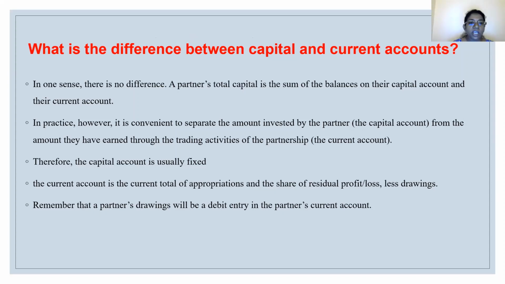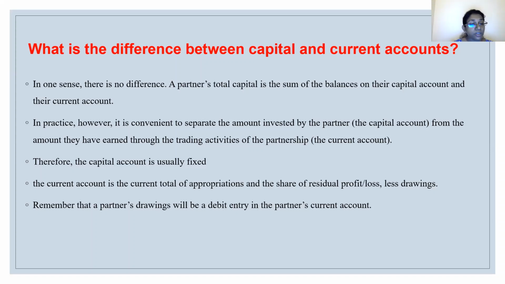In practice, however, it is convenient to separate the amount invested by the partner, the capital amount, from the amount they have earned through the trading activities of the partnership, which means the current account. Therefore, the capital account is usually fixed, and the current account is the current total of the appropriations and the share of residuals of profit or loss, less drawings.